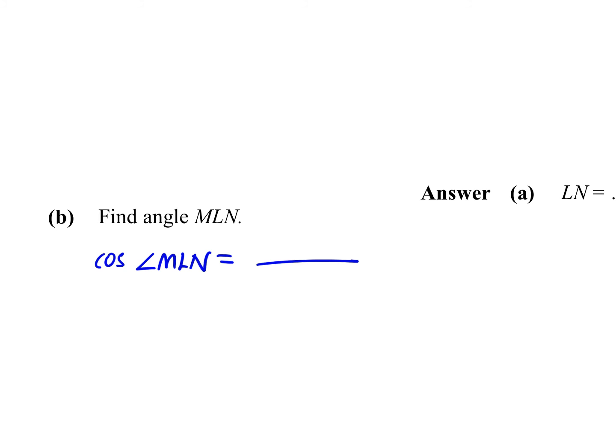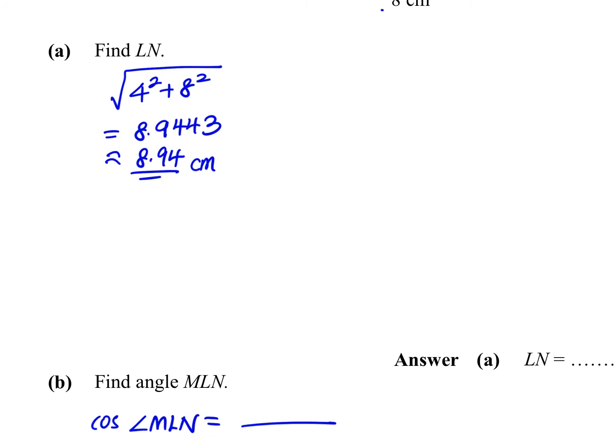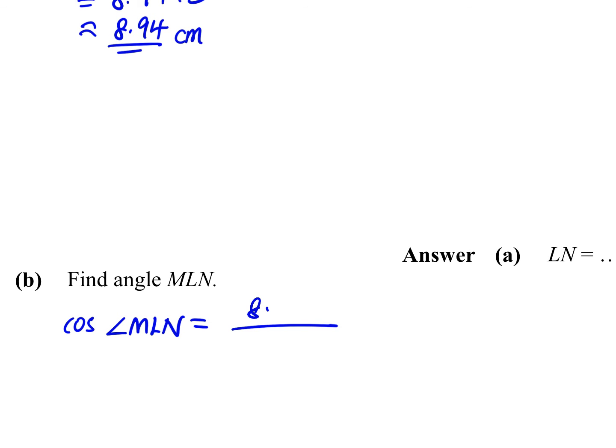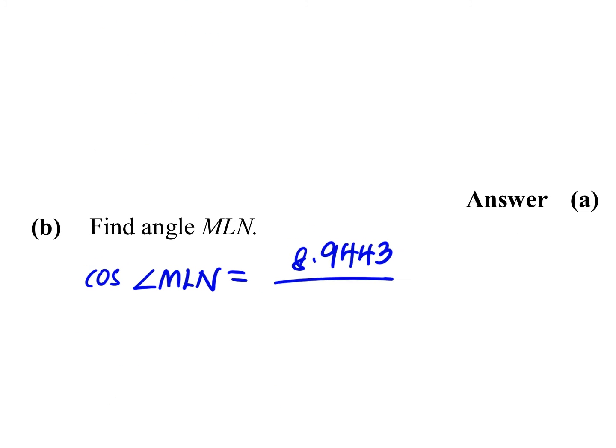Are you even at the correct page? Question number 22, please. You skipped a page. Number adjacent is? You're not writing, you're sleeping, right? Can you fill in the numbers quickly? Do your work quickly. Adjacent over hypotenuse is 12.